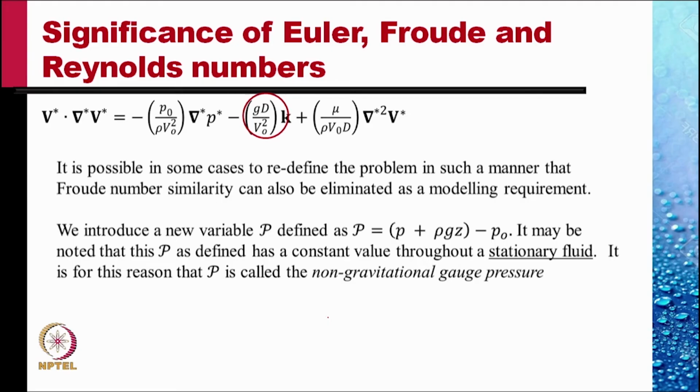It may be noted that this modified pressure has a constant value throughout a stationary fluid. And it is for this reason that this is called the non-gravitational gauge pressure.